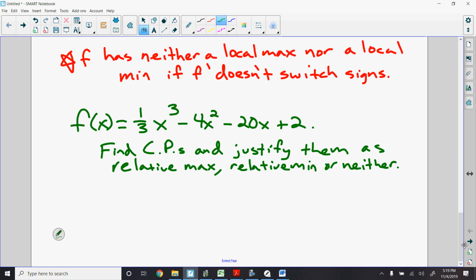So that's my goal. I want to find the critical points and justify them as a relative max, a relative min, or neither.